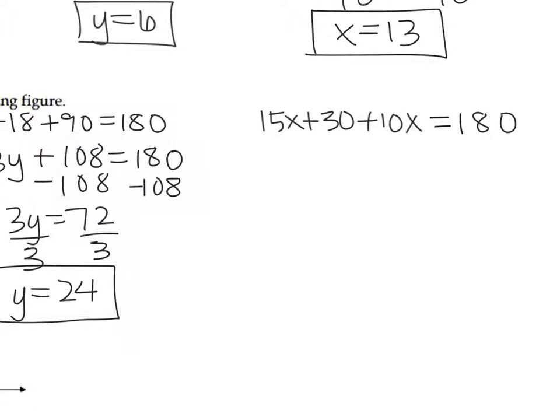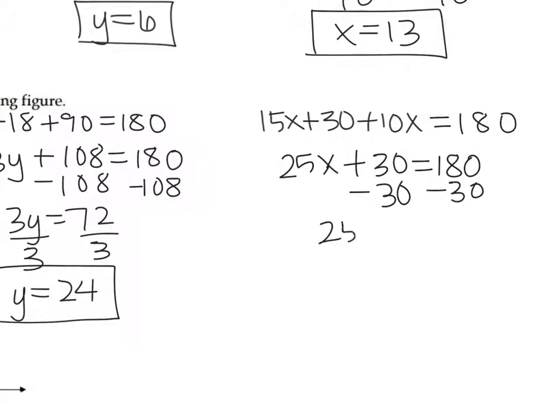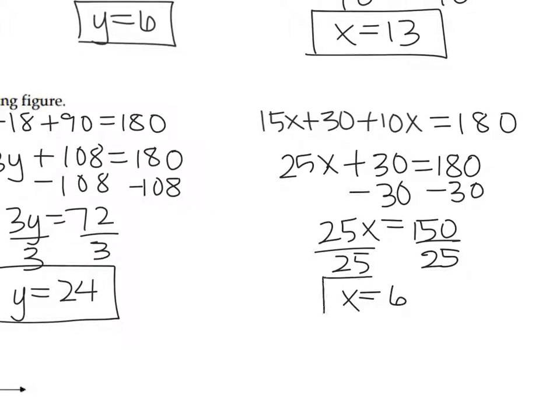So combining like terms, we get 25x plus 30 is going to equal 180. Subtract 30, we get 25x equals 150. And then lastly, 150 divided by 25. And we get x equals 6.